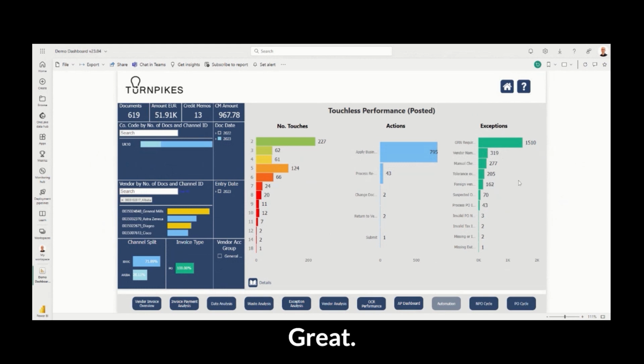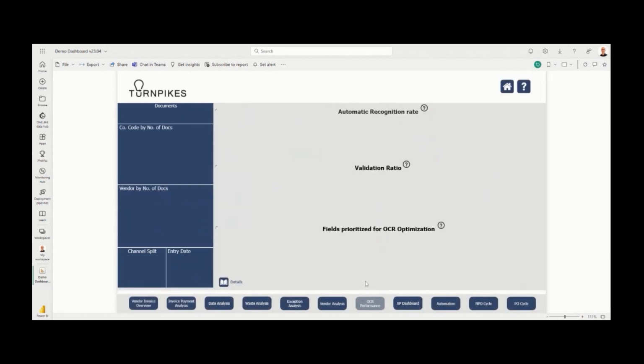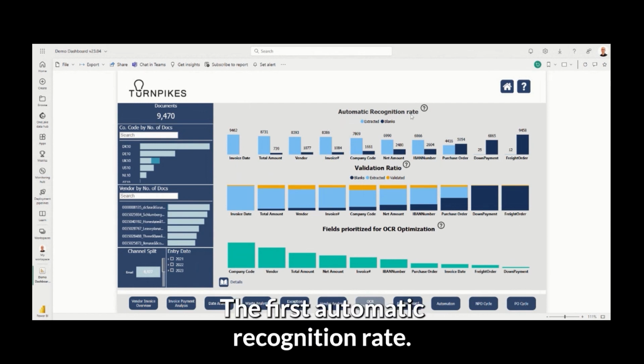Absolutely, great. So then one more report that I would maybe show and look into is the OCR performance, which is focusing on the first automatic recognition rate.